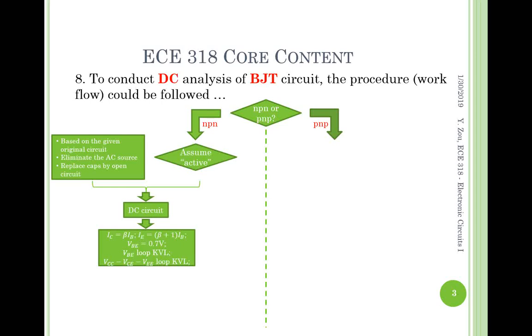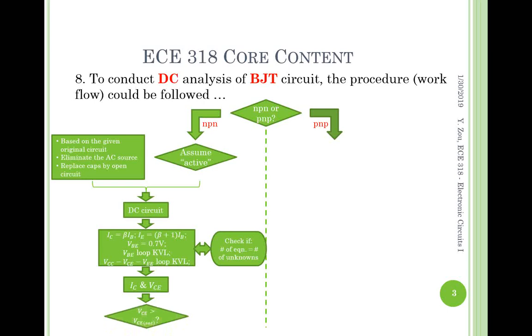These equations should be enough for us to find the voltage or current we want. Of course, before we start the algebra, we want to check that the number of equations is the same as the number of unknowns, which is the condition that guarantees we can find the individual unknowns. So from the equations, we get IC and VCE.